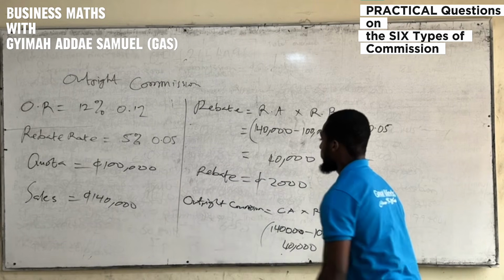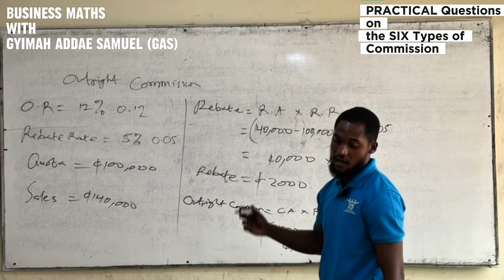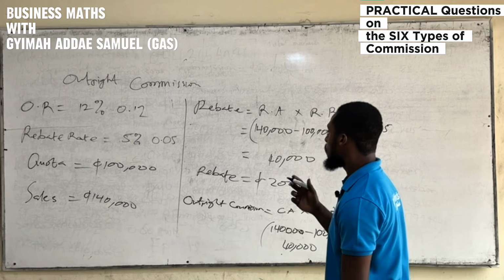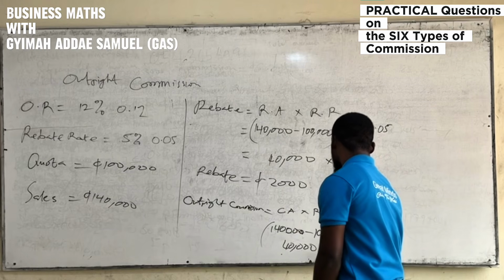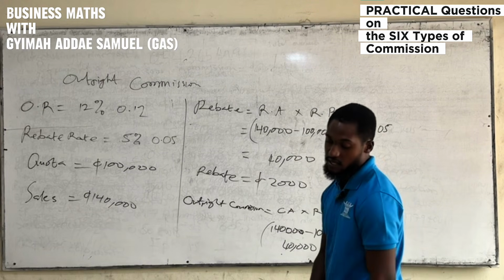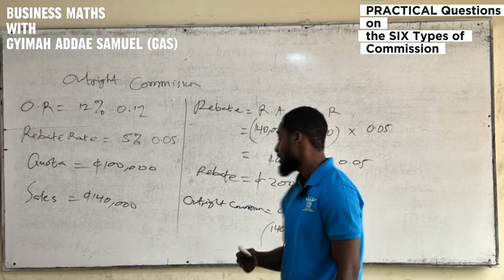Then we multiply by the outright rate, which was given to be 0.12, or 12%.